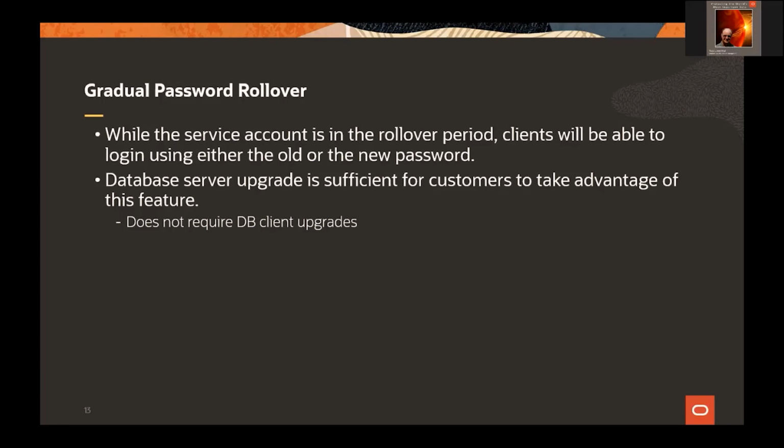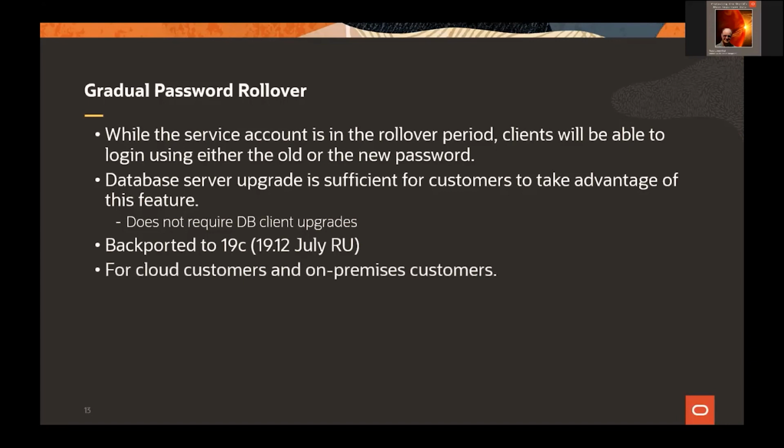The clients can remain working with 11G and 12C verifiers. They do not have to be upgraded. They don't even know this is going on. And this, as Russ mentioned, has been backported to 19C, and it's in the one we just released in July, the last RU, 19.12. This is for cloud and on-premises databases.